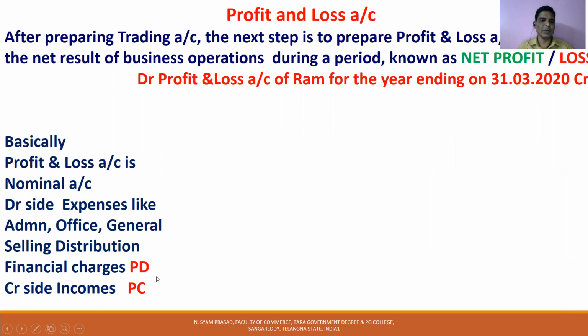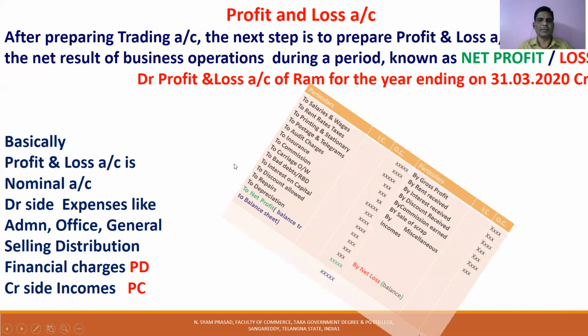Simply PD. What are the PCs? Usually, if there is a gross profit in trading account, that balance will become the profit and loss account credit side PC, and other incomes like income received, rent received, and miscellaneous incomes will become PCs.